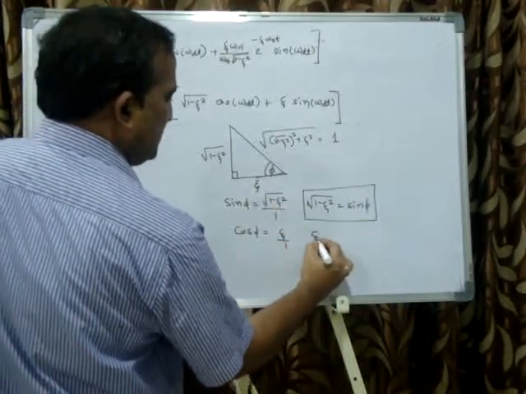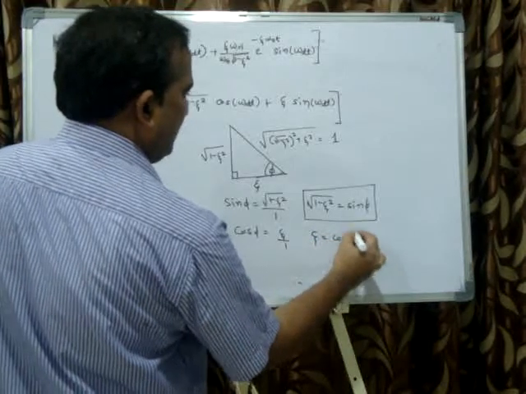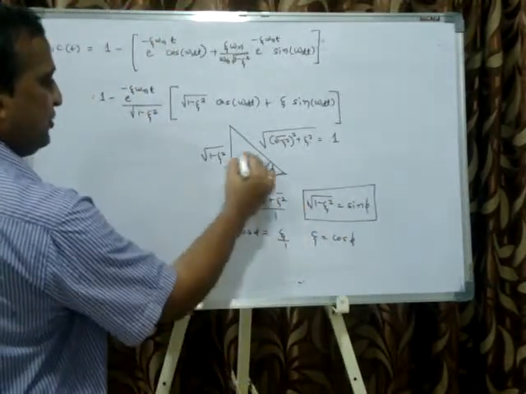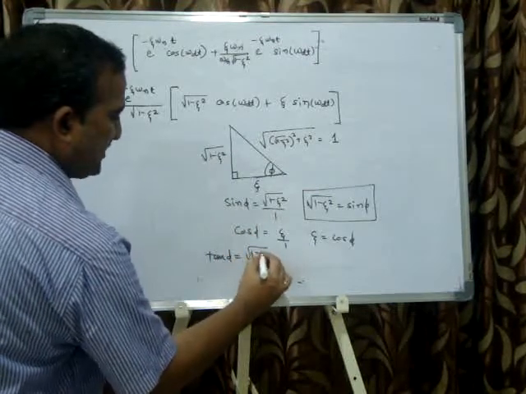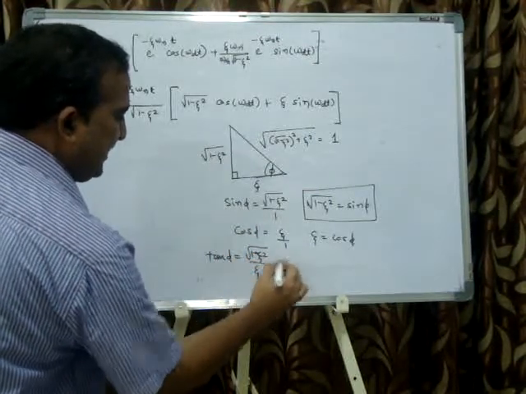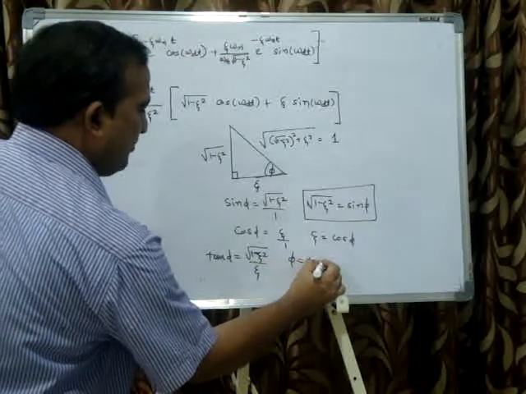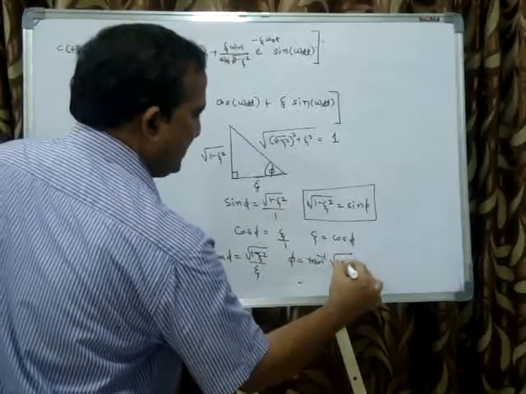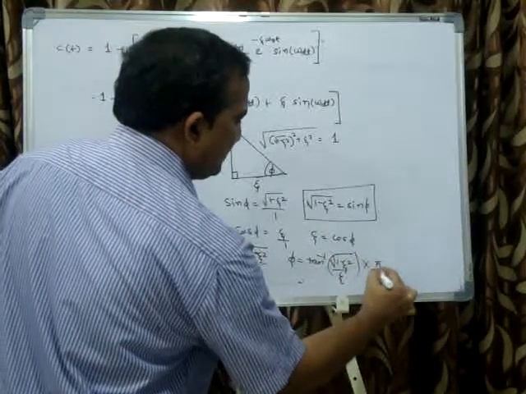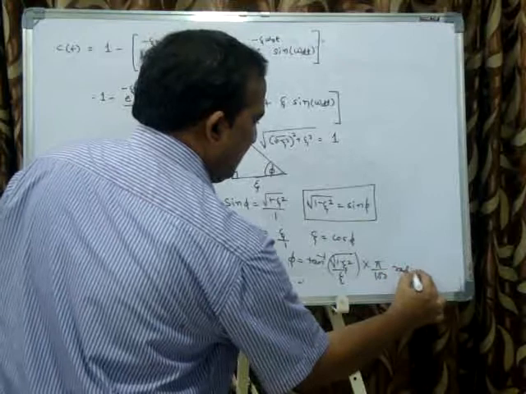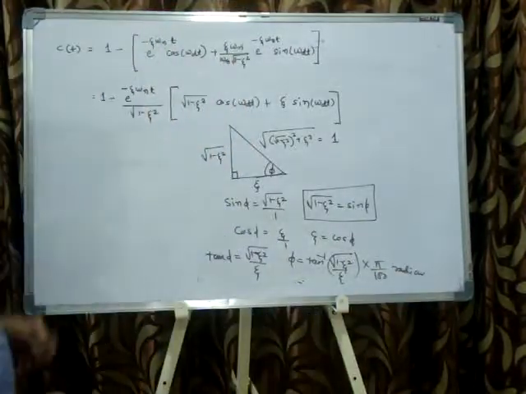So zeta is equal to cos phi. But what is phi? Tan phi is equal to opposite side by base, so phi is equal to, this is very important, tan inverse. If you know zeta you can find phi, but phi should be in radians, so multiply by pi by 180.